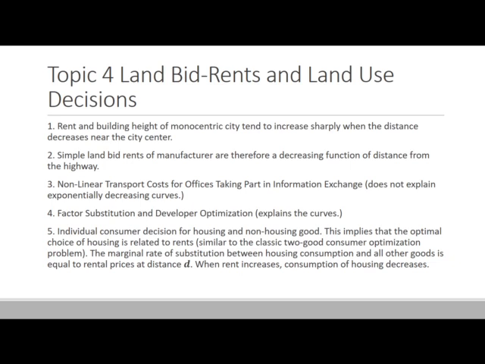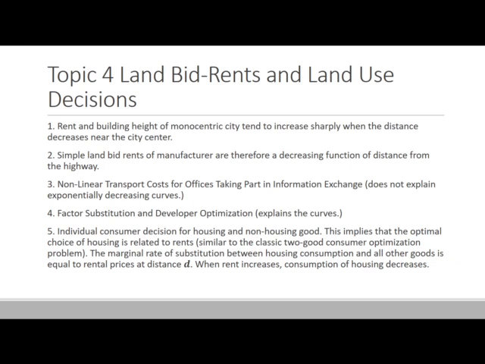The key idea is that if you allow the developers to choose buildings of different heights, then a very tall building is very costly in terms of capital, but in general it occupies a very small piece of land. A low building in general costs very little in terms of capital, but it occupies a larger piece of land.